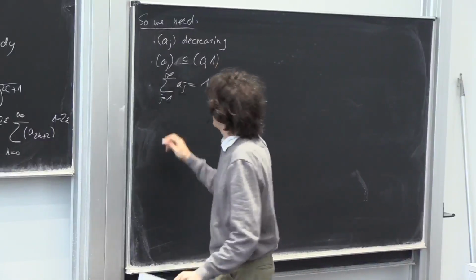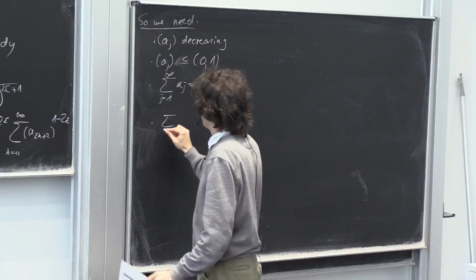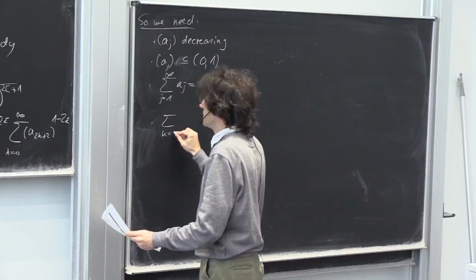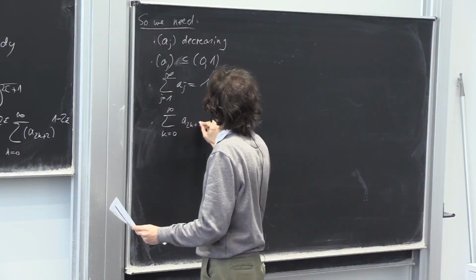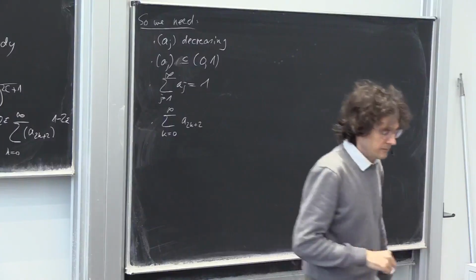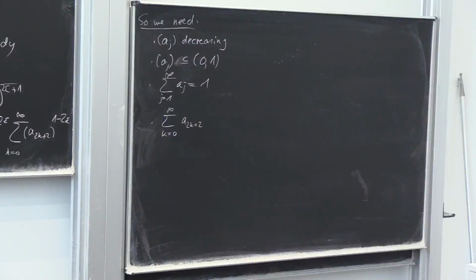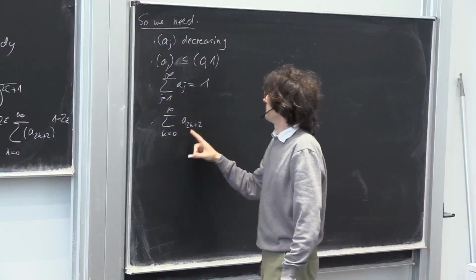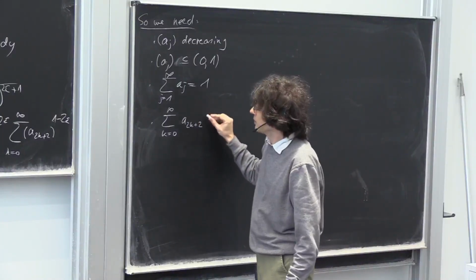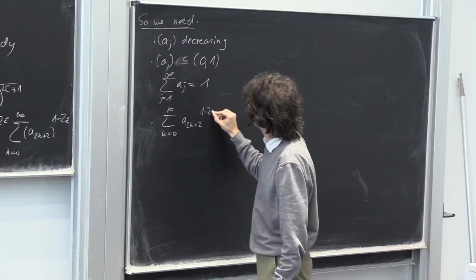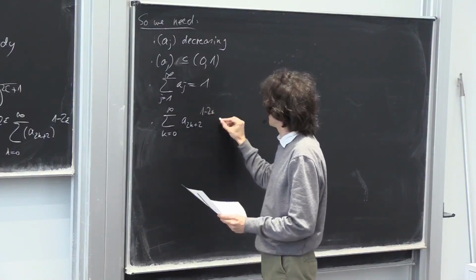And we need that if you sum only the part of the sequence with even indices, and you take it to the power 1 over 2 minus epsilon, this has to diverge.